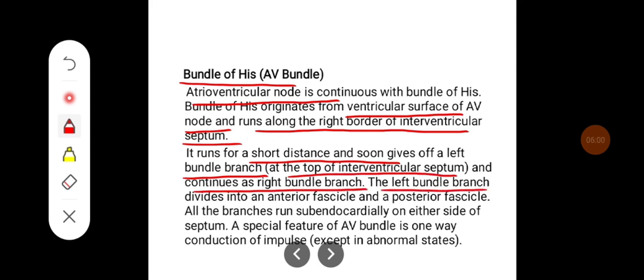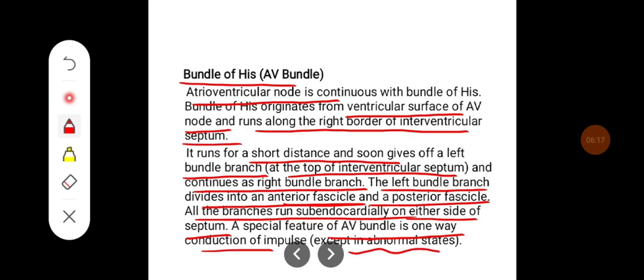Left bundle branch divides into anterior fascicle and a posterior fascicle. All the branches run subendocardially on either side of septum. A special feature of AV bundle is one-way conduction of impulse, except in abnormal cases.